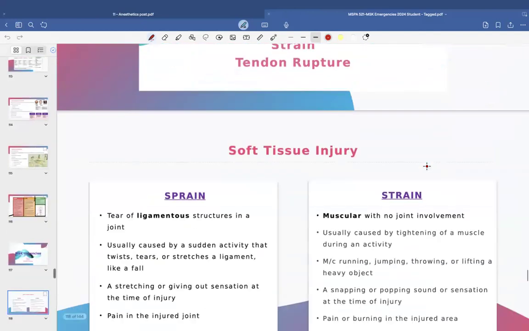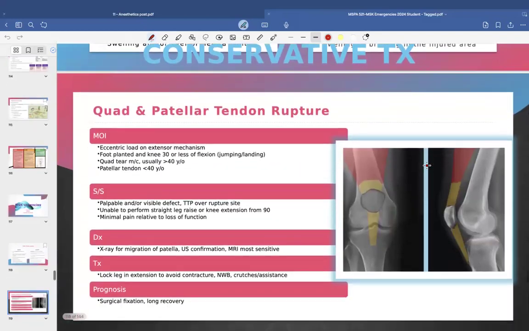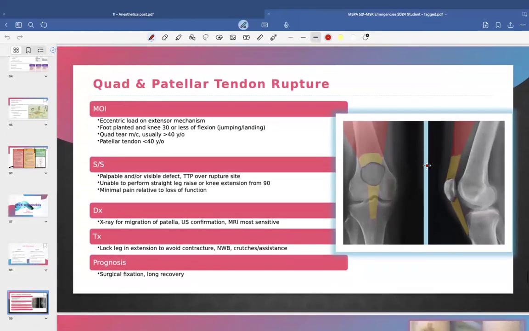Okay. Urgent things. You might see these more. Know that sprains are gonna be your ligamentous structures, strains are gonna be your muscular structures. All conservative. Tendon ruptures.